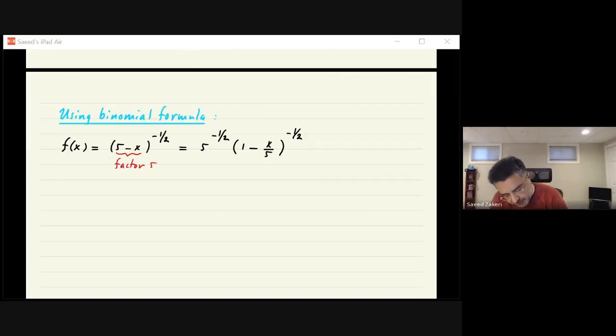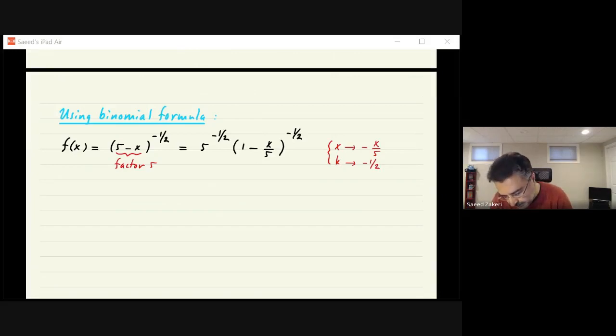And now this is ready for the binomial theorem. This is like 1 plus this guy, so it's like 1 plus this guy to the power -1/2. So my k, you have to replace your x by minus x over 5. And you have to replace your k by -1/2.